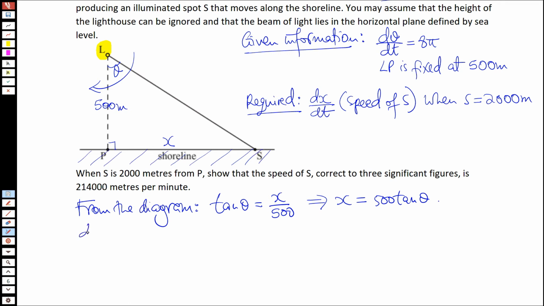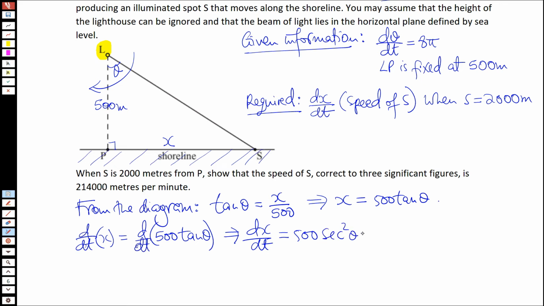So d over dt of x should be equal to d over dt of 500 tan theta, which implies that dx over dt will be equal to, the derivative of tan is secant squared theta, so 500 secant squared theta d theta over dt, just similar to what we did in the previous question.